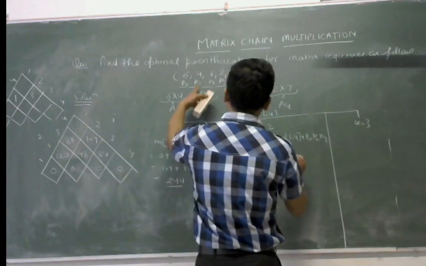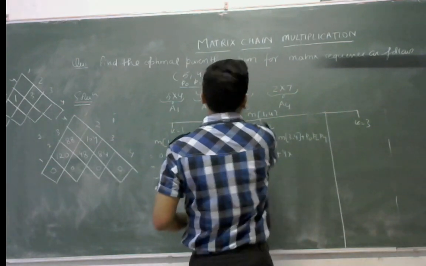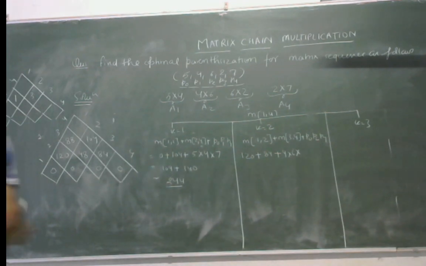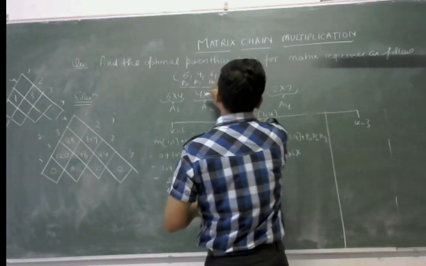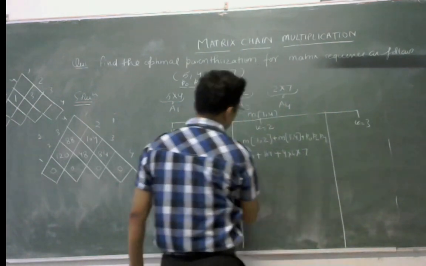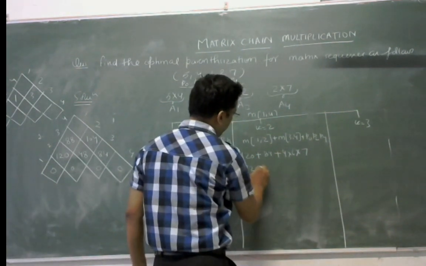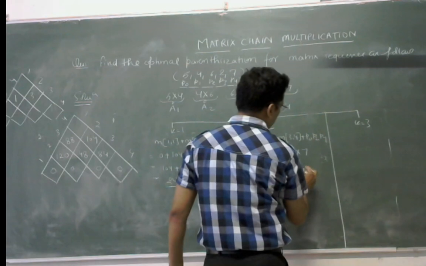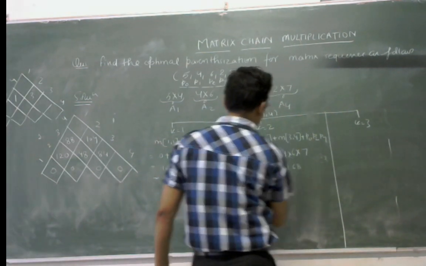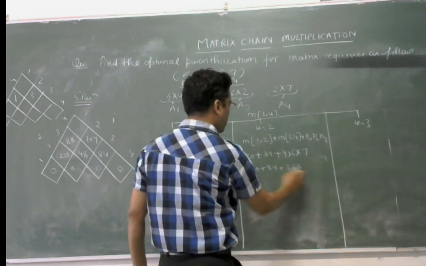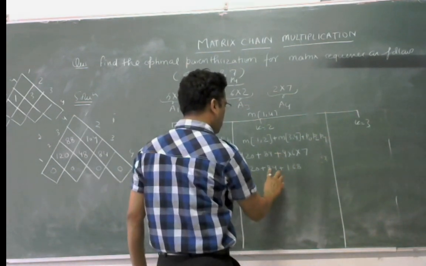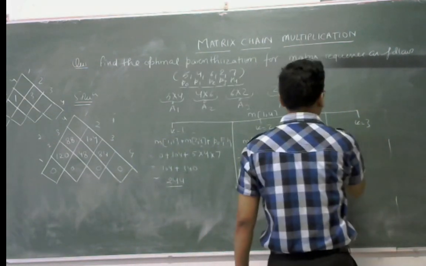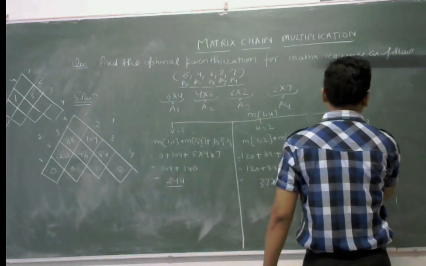P0 is equal to 4, P2 is equal to 6 and P4 is equal to 7. So this is equal to 120 plus 84, plus 24 into 7, 168, so equals 372.